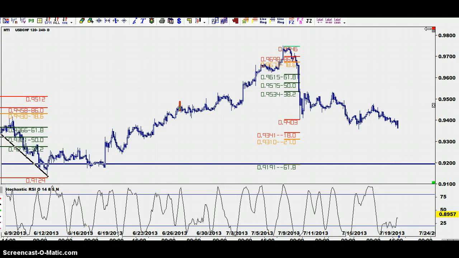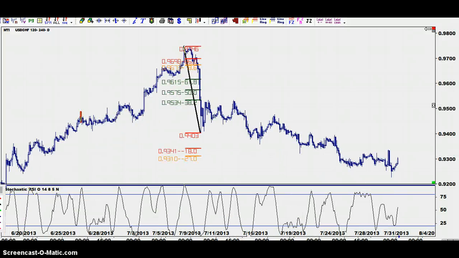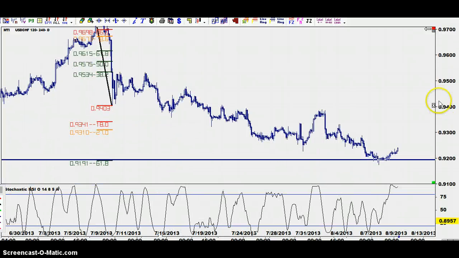Let's just make sure we get it right. Alright, so it's hit our D. Shallow 382 bounce on this one as well.